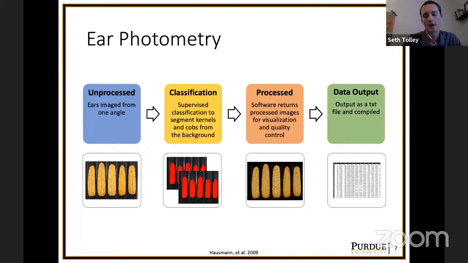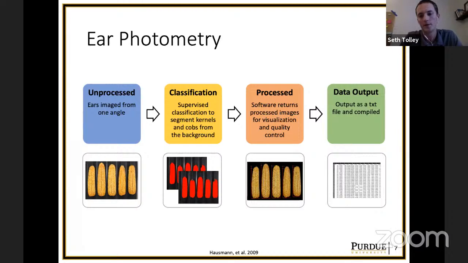This platform was patented by Pioneer, now Corteva, in 2009. There are 4 general steps that we followed. First of all, we had unprocessed images that were imaged from just one angle. These are classified and segmented using supervised classification that separates the important features from the background of these images.